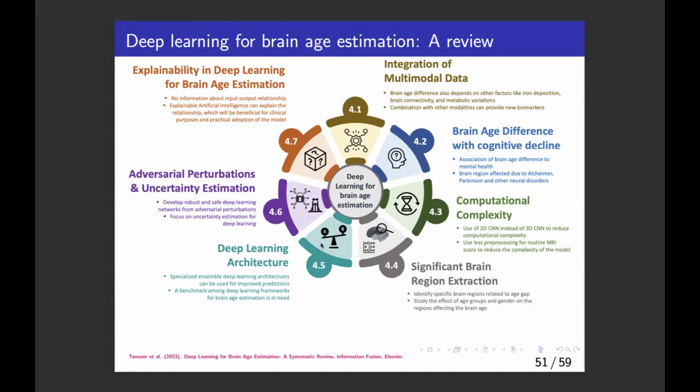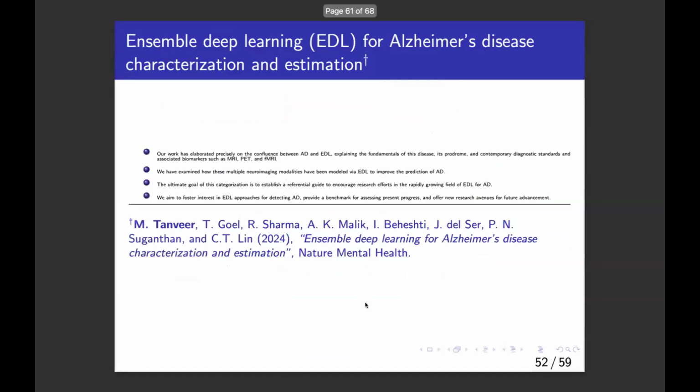So there is a lot of scope. There are now a lot of open problems, and we can work in that direction. More information about this and possible future avenues is available in this paper published in Information Fusion in 2023. So please see this one.